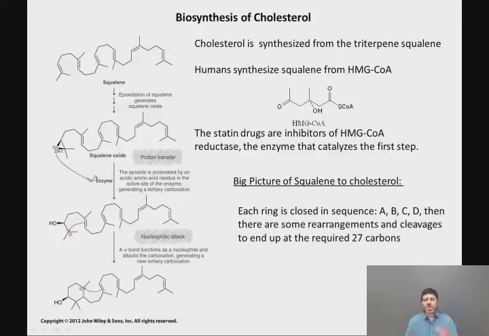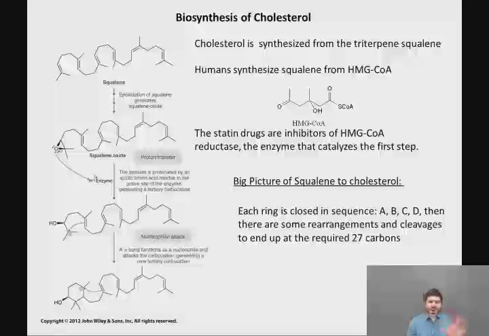So the big picture of the conversion of squalene to cholesterol, what I want you to get out of this and the next couple of slides, is that each of the 4 rings is closed in sequence, the A, the B, the C, and then finally the D. And then there are some rearrangements and cleavages to end up at the required 27 carbons with every functional group in the proper place.